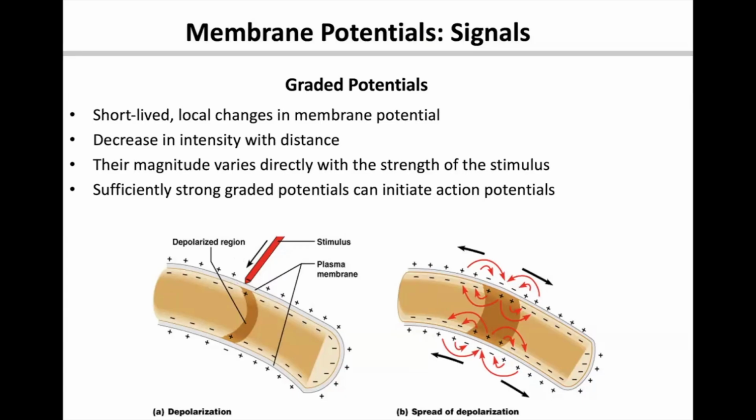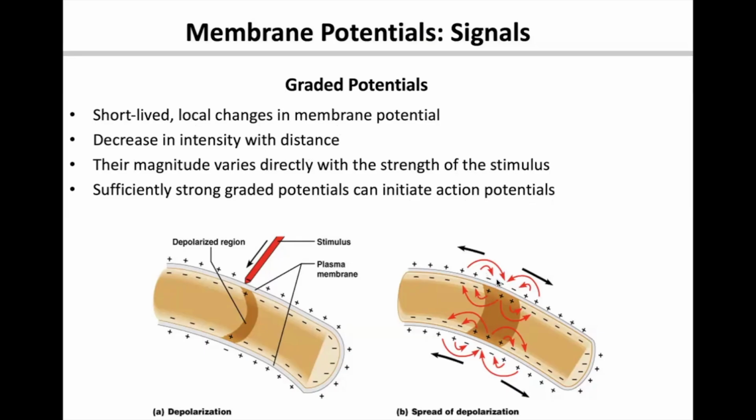The other is, in the process, since it's slow, potassium will go out and it will balance out, and no further propagation of the impulse will take place. So it's short-lived, it's a local change in the membrane potential. It decreases in intensity with distance, and a sufficiently strong graded potential can initiate an action potential, which we'll do later.